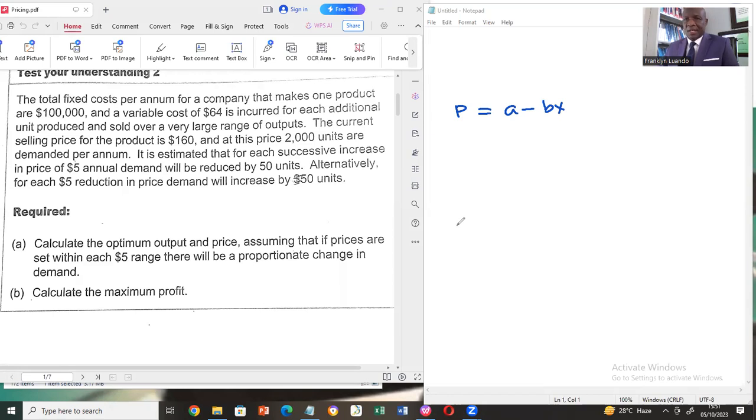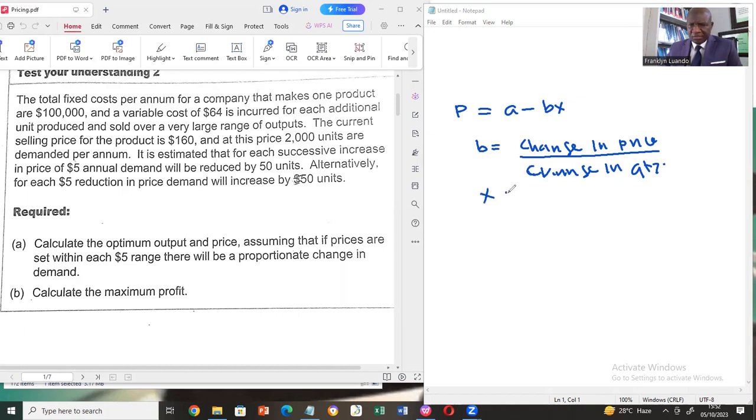B is the slope, which is calculated as follows: change in price over change in quantity. X is the quantity when price is P.